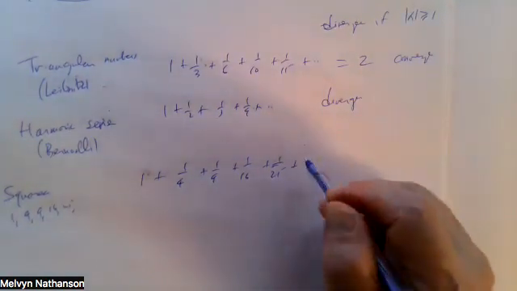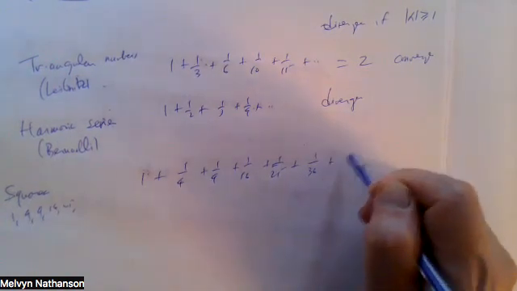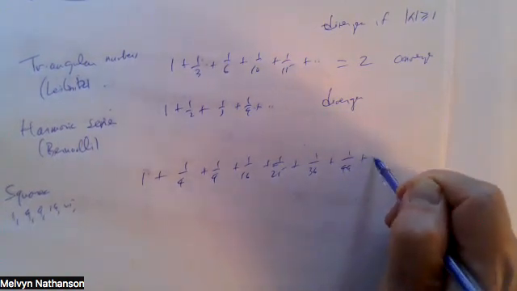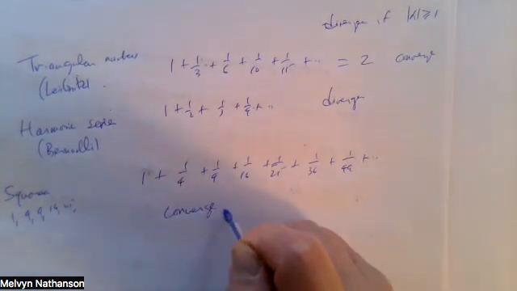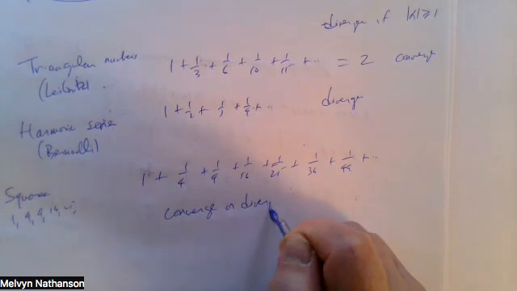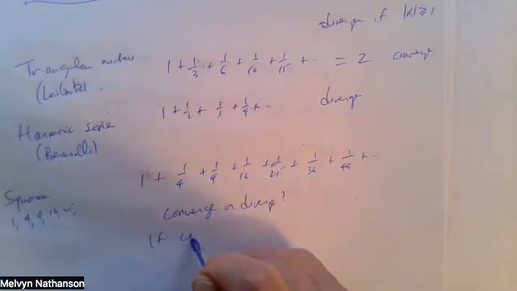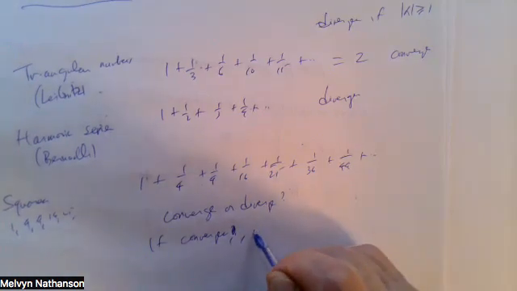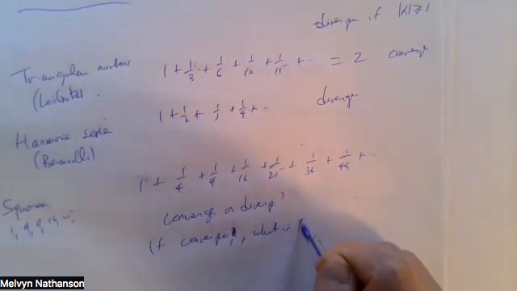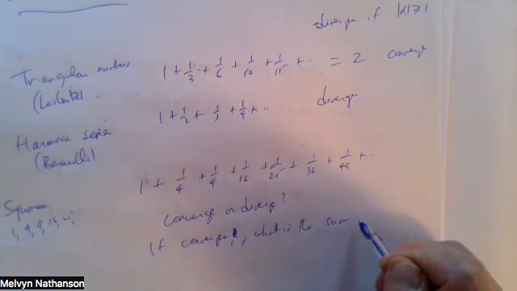What is the next square? 36. 1 over 36, 1 over 49, and so forth. Does this series converge or diverge? If it converges, what is the sum of the series?